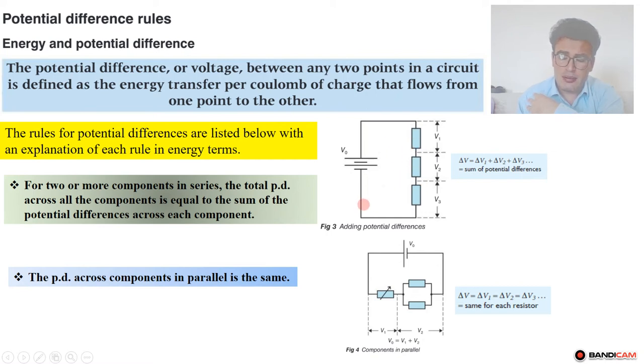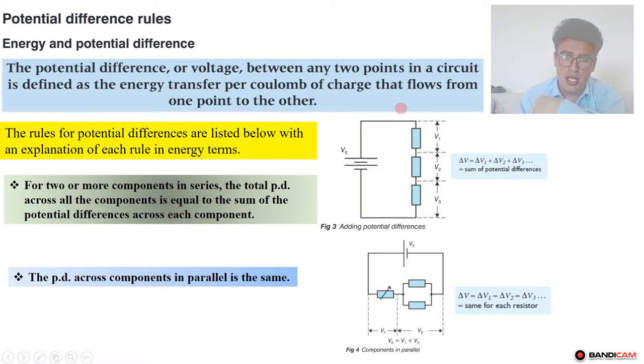When we have two or more components in a series circuit, the total potential difference is equal to the summation of the potential difference across each component.